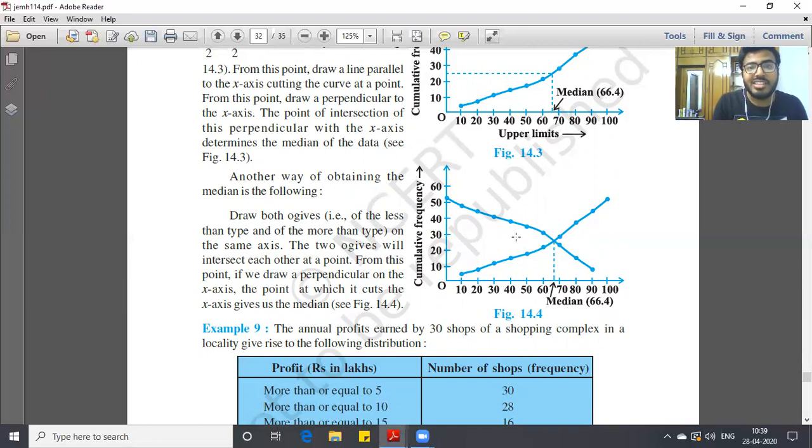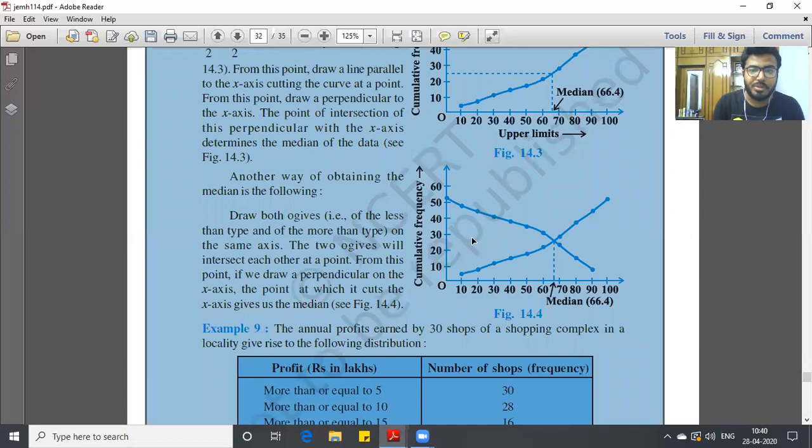Remember that. A question was asked with a graph given, marking point a and point b. What is point a? Point a is the median. And point b? The n/2 value. Remember that.